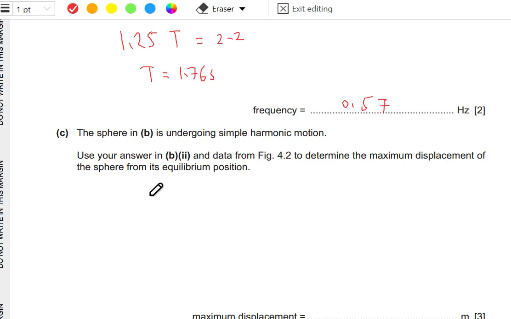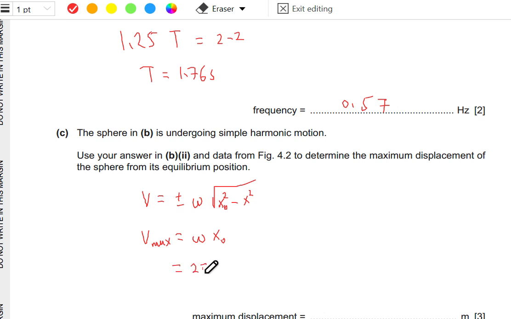It is really simple if we remember this relation: v equals omega times the square root of x naught squared minus x squared. V maximum is at x equals 0, at the equilibrium, so it equals omega x naught.